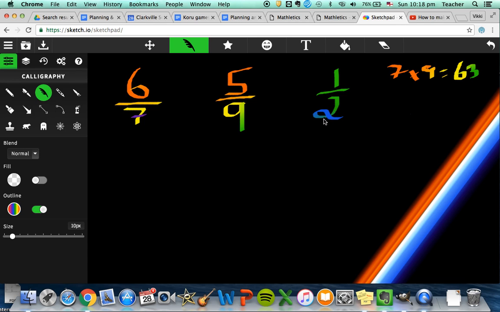Then that answer times 2. So 63 times 2 gives us 126, which of course you already knew. So that means that the bottom numbers for all of these are going to be 126, the denominator.